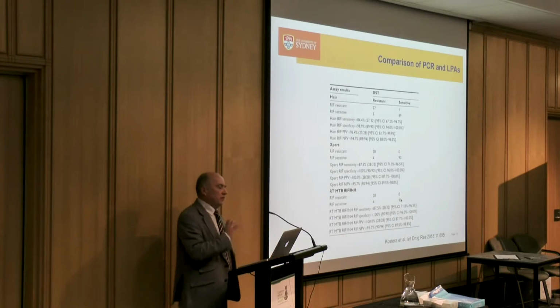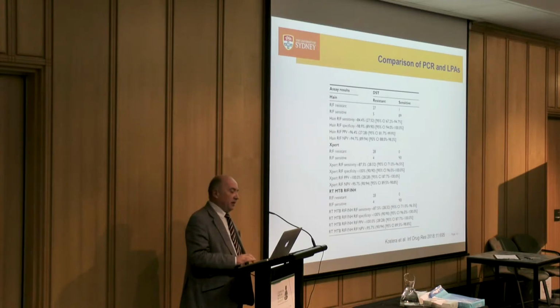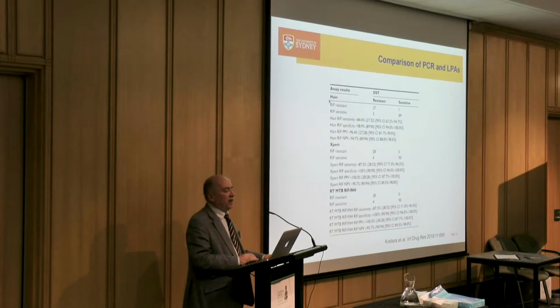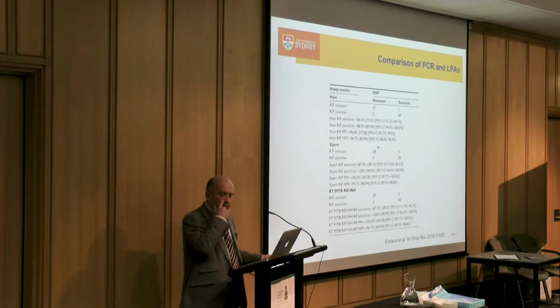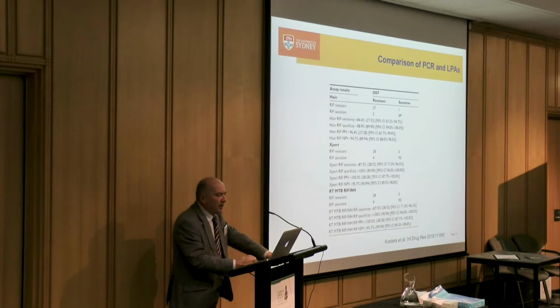I wanted to show this one table from a recent study done by researchers, which was, I'm sure, partially funded by Abbott, but it's a nice comparison of the Hain assay as a line probe assay, the GeneXpert platform, and another PCR-based assay, in this case the Abbott one, on a relatively small number of samples from Bangladesh, tested in a lab in Germany.